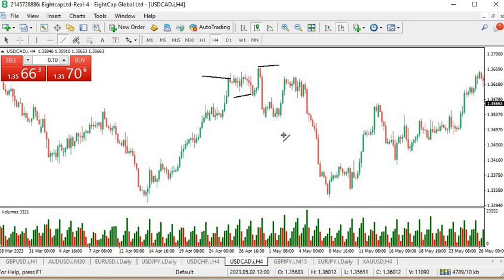Then what differentiates it from the head and shoulders pattern is the extended leg. That's why we call it the QM pattern. So the market then reversed and completed the right shoulder. It took exactly the same amount of time for the right shoulder to complete as it took for the left shoulder.